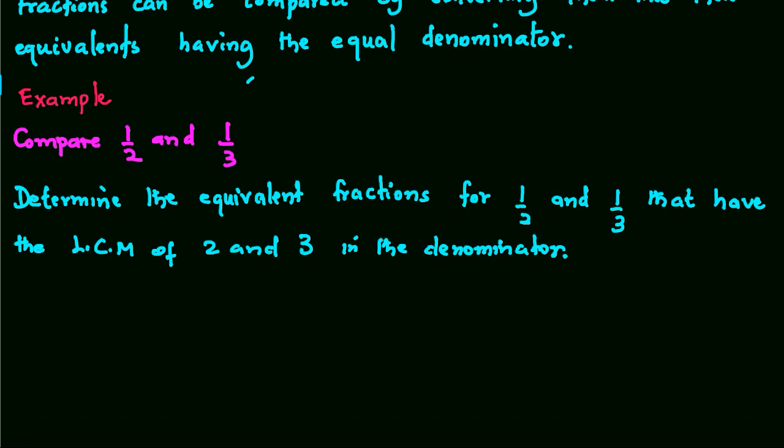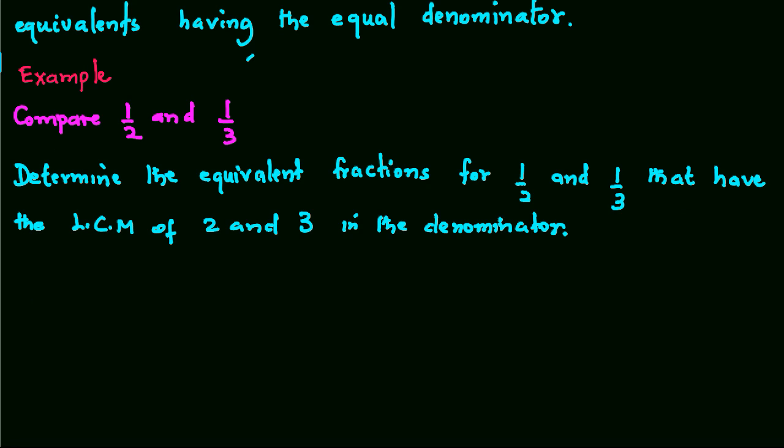Now, to achieve this, we need to multiply both the numerator and the denominator of a half and a third by a factor that would let us obtain 6 in the denominator.